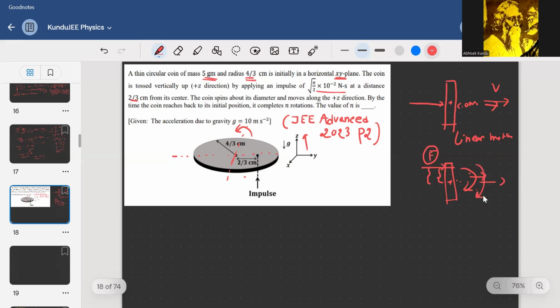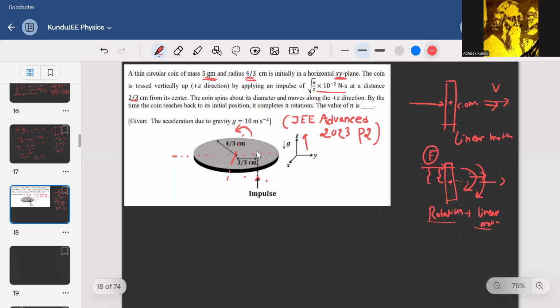So the entire motion of this kind of body will be rotation plus linear motion. That means this kind of body will go forward while rotating. The same thing applies for this coin also, because when you want to flip a coin, you have to apply this impulse at some distance from the center of mass, or the middle point of the coin.